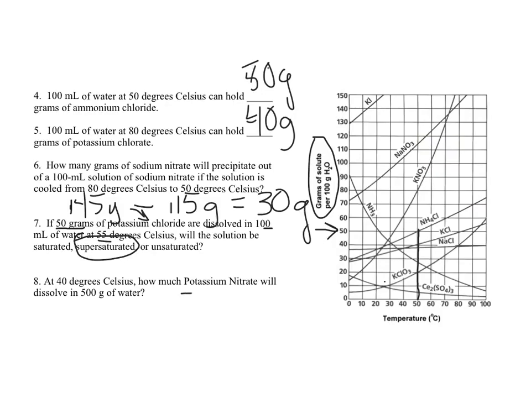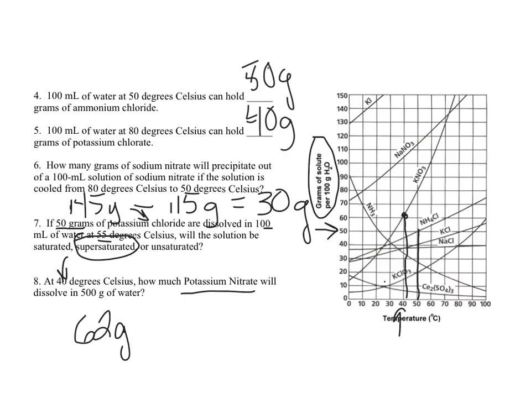I'm talking about potassium nitrate at 40 degrees Celsius. So 40 degrees, potassium nitrate is roundabouts there. Just for simplicity's sake, we're going to say it's about 60. It's probably a little bit more than 60, like 61 or 62. Well, I guess we can be thorough. So let's say at 100 milliliters of water, I can dissolve 62 grams of potassium nitrate.